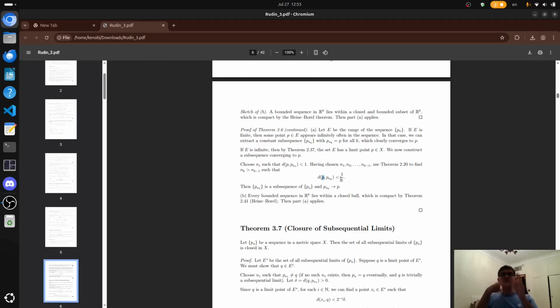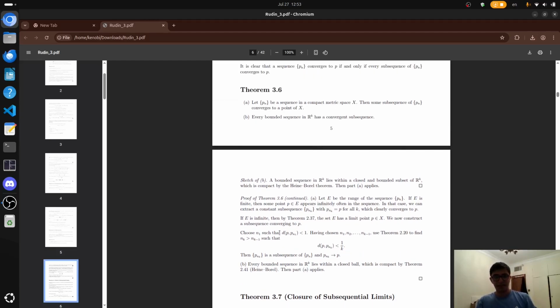So it doesn't matter which index it is, because some indexes will diverge. You're taking the neighborhood and you're going to definitely find some indexes that converge, and you're taking it to be less than this distance 1 over k, and as it goes to infinity, we can find arbitrarily many values epsilon greater than 0, and we can say that it converges for the subsequence.